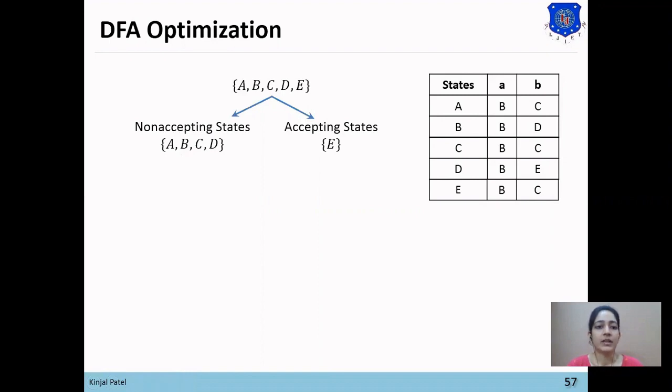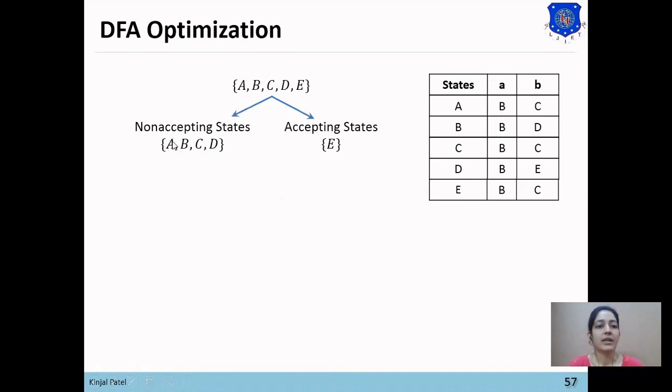Here you can see the set of states A, B, C and D. So A goes on to B and C for the inputs a and b. Now we will check whether B and C are members of this set. So we can see that yes, B and C are members of the set.